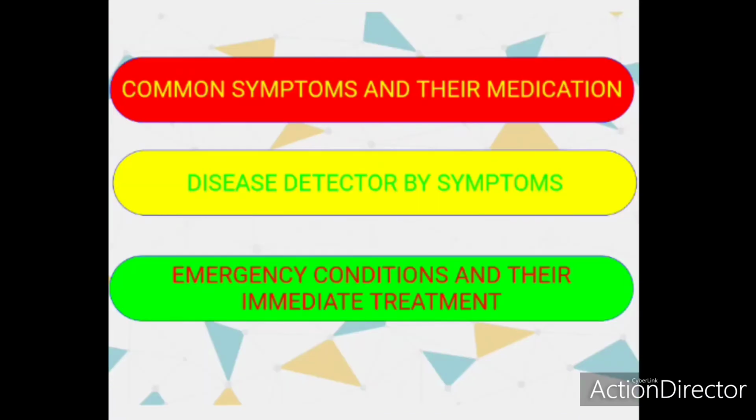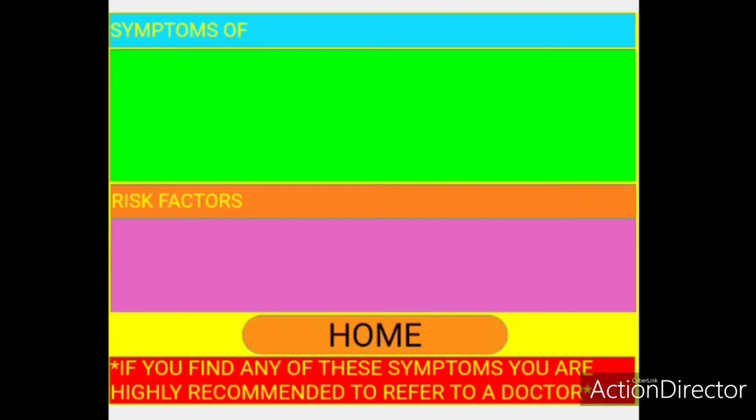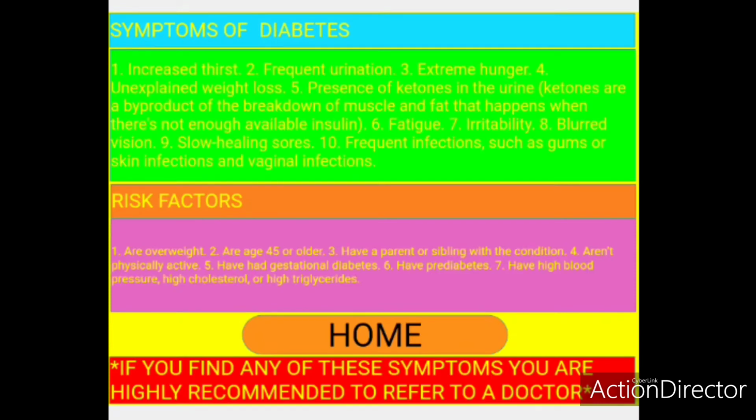Now when you go to the disease detector, let me tell you that a lot of people die or suffer a lot because of not knowing in time what disease they are suffering from. Like if somebody is suffering with diabetes, he might not know it at that time.